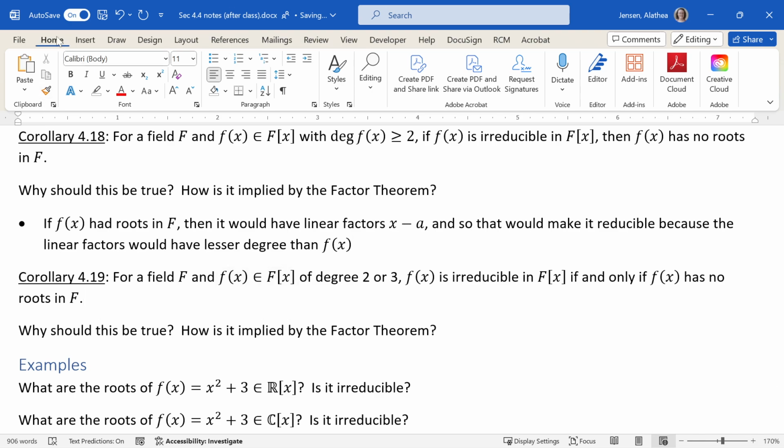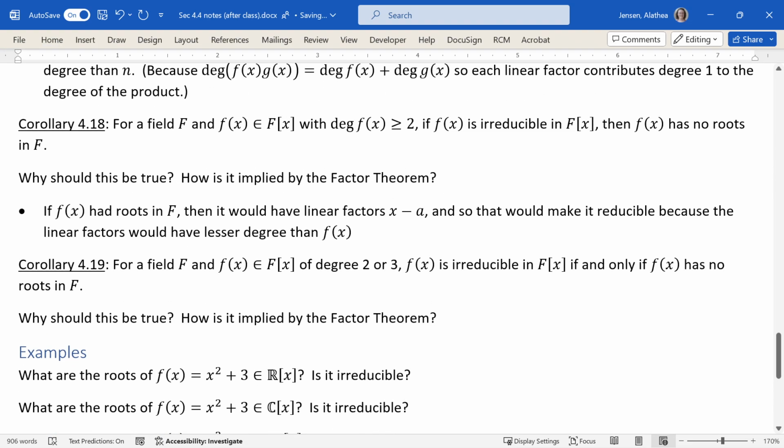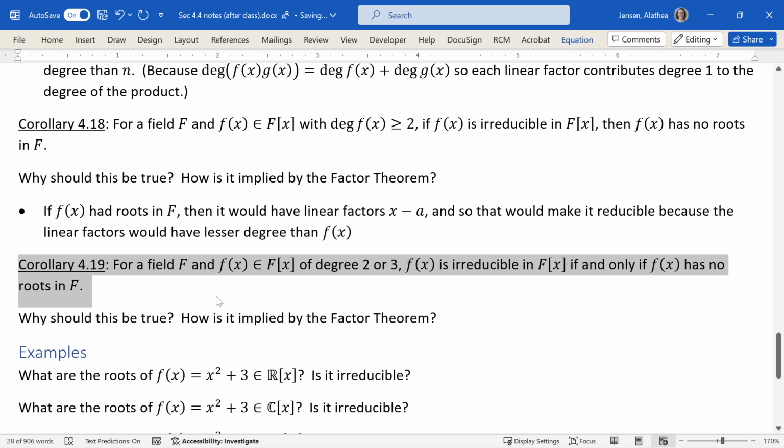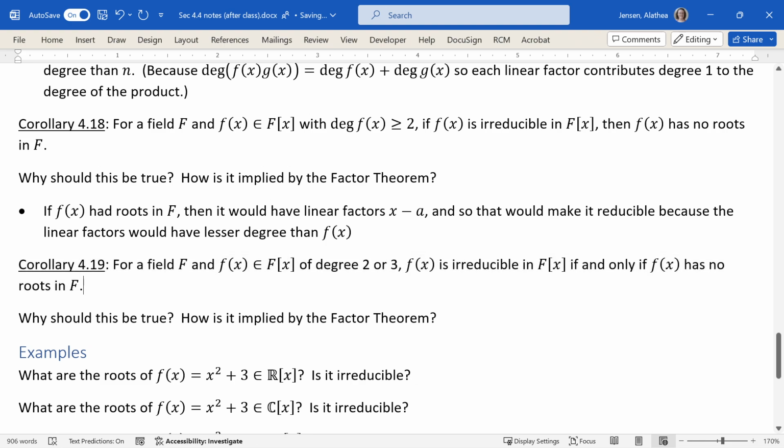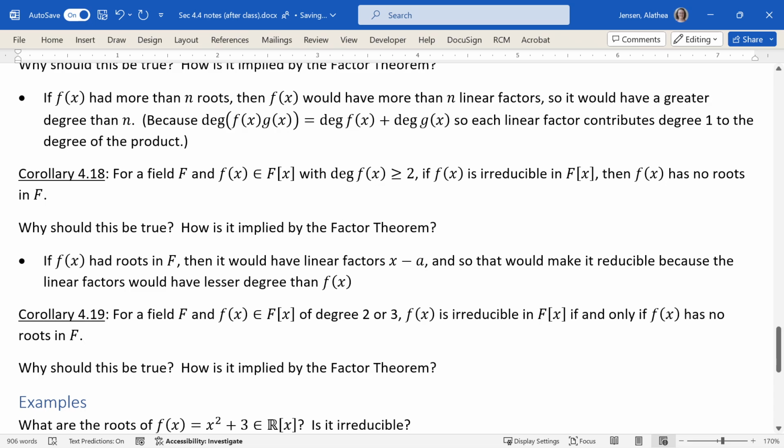Okay, so the next corollary, or second to last corollary, before an example, is 4.18. So for a field F and little f of x in F bracket x of degree 2 or 3, f of x is irreducible in F bracket x if and only if little f of x has no roots in F. This might seem really similar to the last one, but the difference is the last one was an if-then, and this is an if and only if.